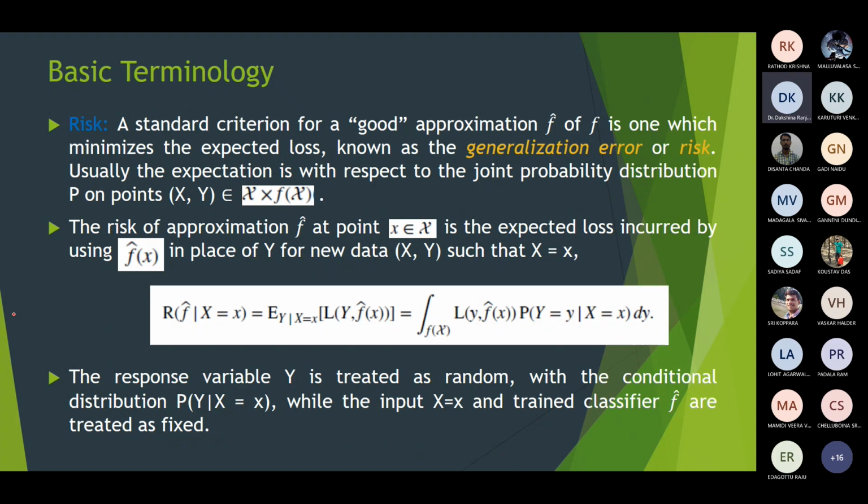The risk of the approximated function at any random point x that belongs to the feature space is the expected loss incurred by using this approximated function over the feature point x in place of y for new data x comma y such that X equals x. Previously, we saw that any feature vector can belong to this feature space. Now we are writing X equals small x.